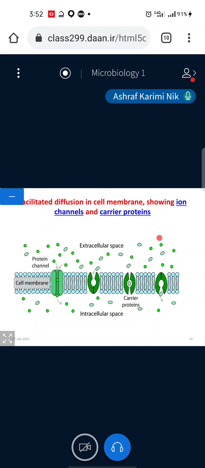This image shows a carrier protein. This is the cell membrane, blue phospholipids, green proteins. Yes, this is a protein channel, extracellular space, intracellular space.